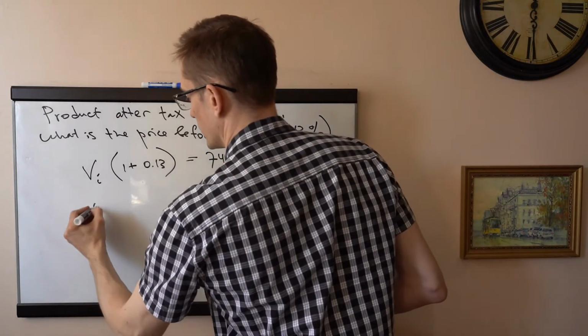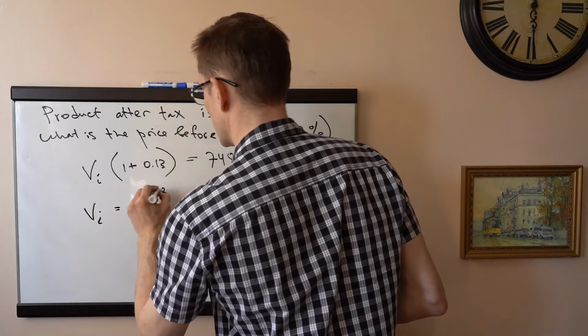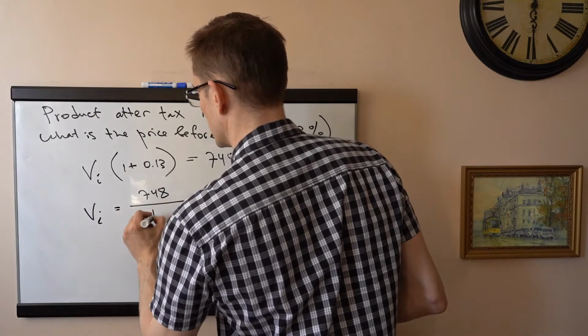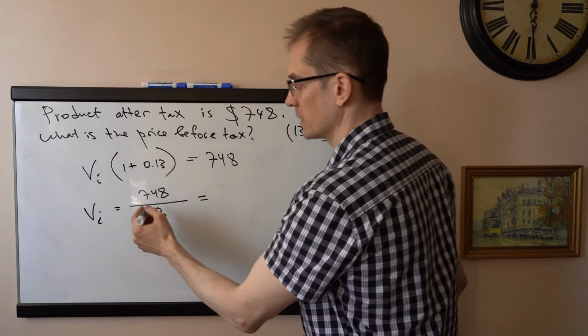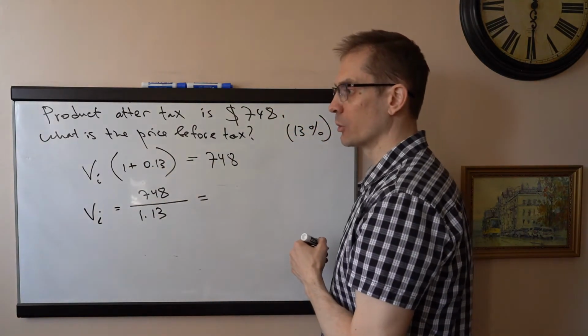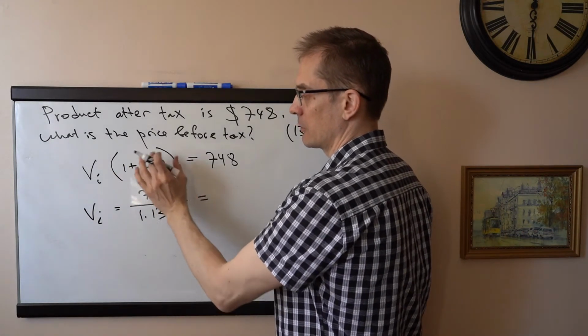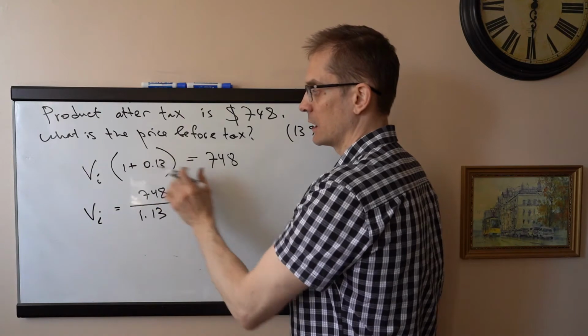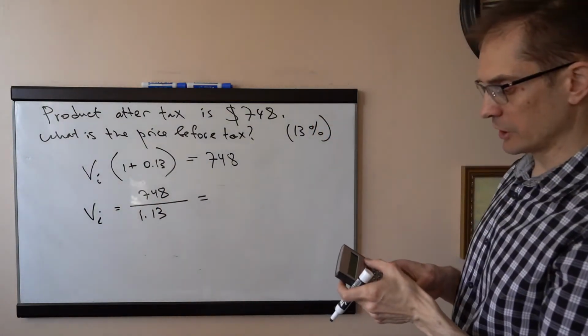So now I need to find my initial value, and that will be 748 divided by 1.13. Now it's just a computation.